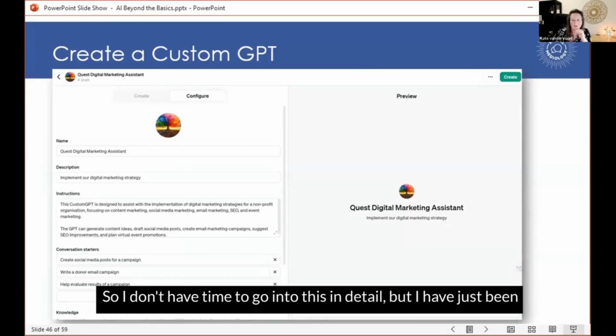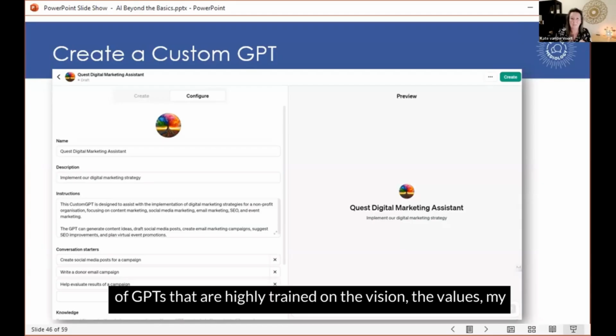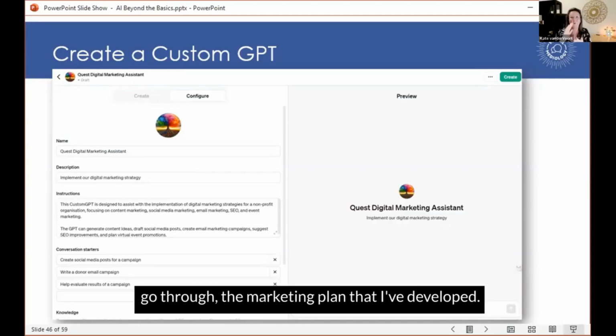So I don't have time to go into this in detail, but I have just been through the most mind-blowing experience of creating a team of GPTs that are highly trained on the vision, the values, my ideal target audience, the customer journey that my customers go through, the marketing plan that I've developed.